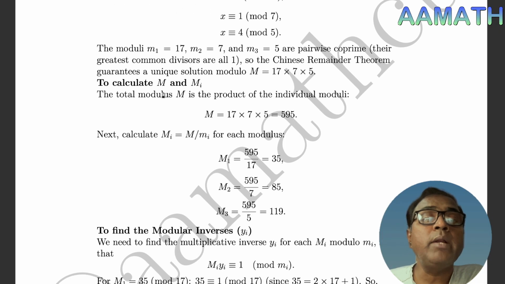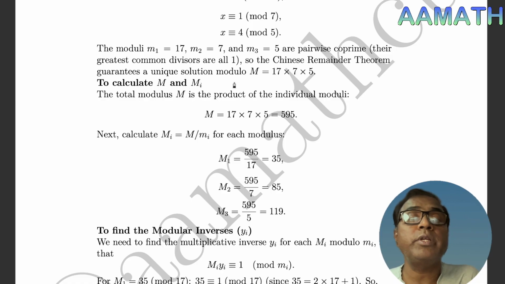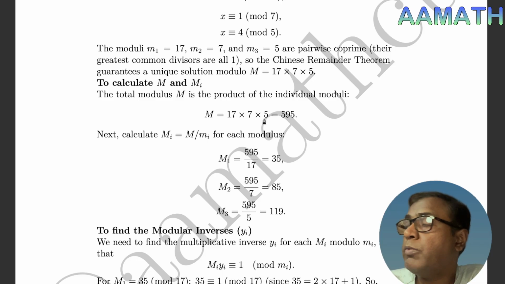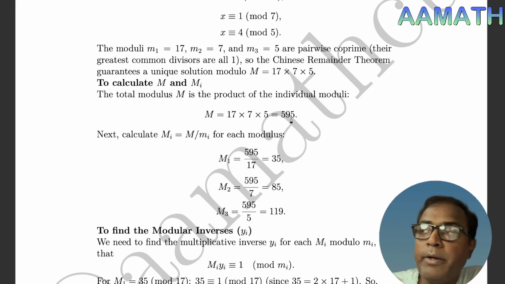Now we want to calculate this general modulo, capital M, and this Mi equal to 1, 2, 3. The total modulus M is equal to 17 into 7 into 5, that is equal to 595.